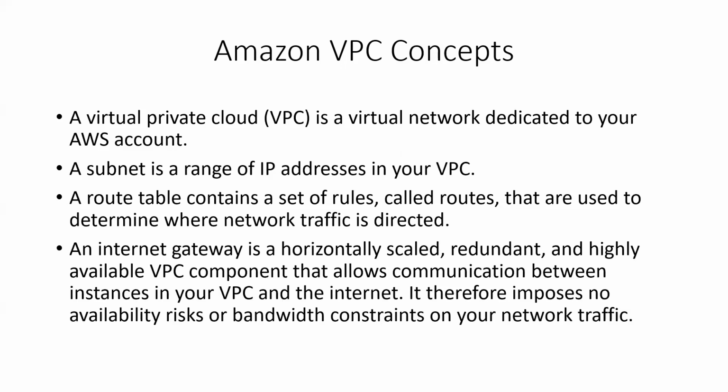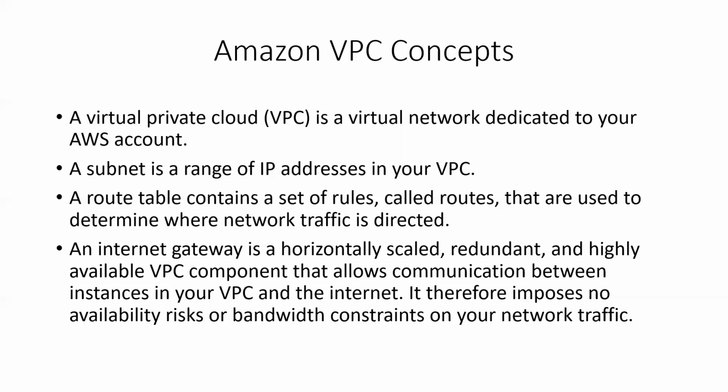Another concept here is called internet gateway. An internet gateway is a horizontally scaled, redundant, and highly available VPC component that allows communication between instances in your VPC and the internet. Internet gateway is like a front door for your complete VPC.